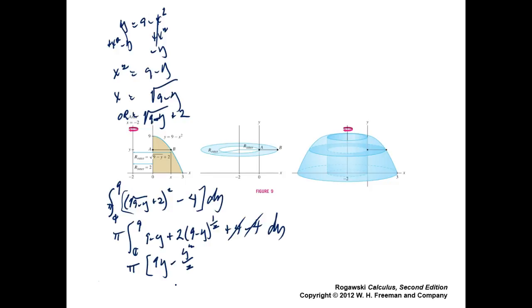Let's do the antiderivative of that. I'll put the plus 2. What will be out here? 9 minus y to the, no, you raise the exponent by 1. 1/2 plus 1 would be 3/2.